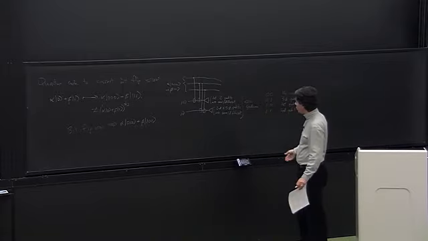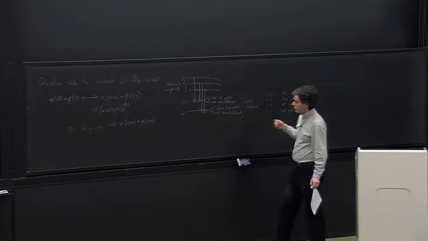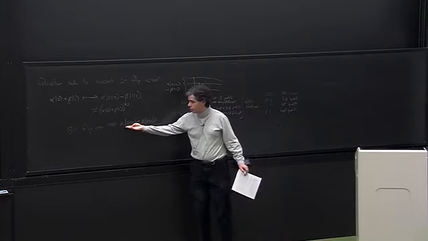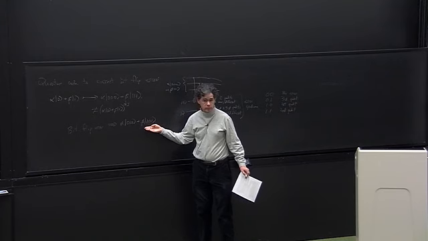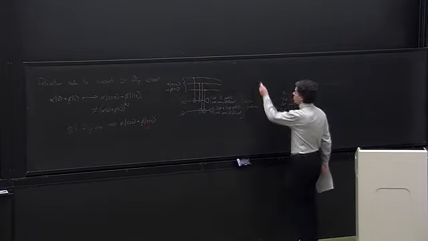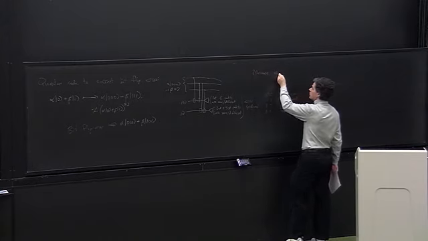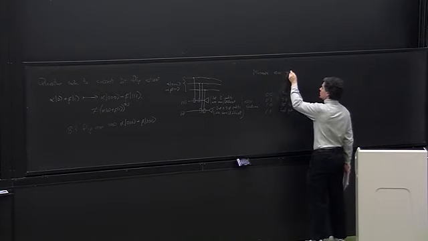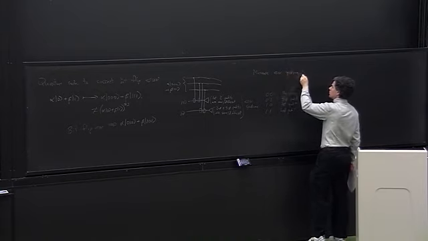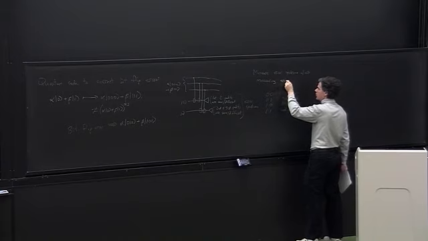So when we do this measurement, we don't collapse the superposition between these two branches. The bottom line is that we can measure the error syndrome without measuring the encoded state.